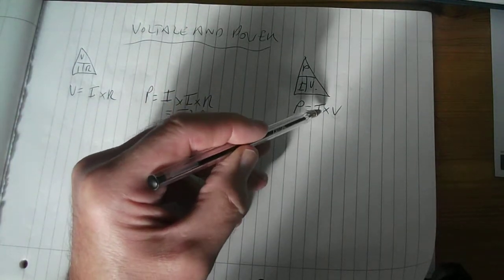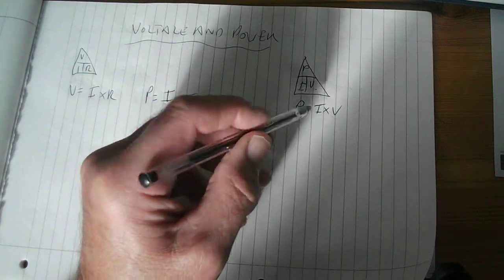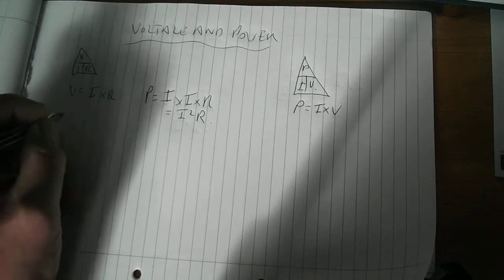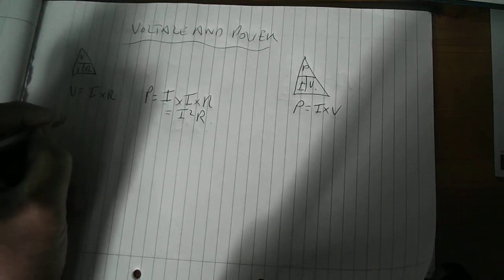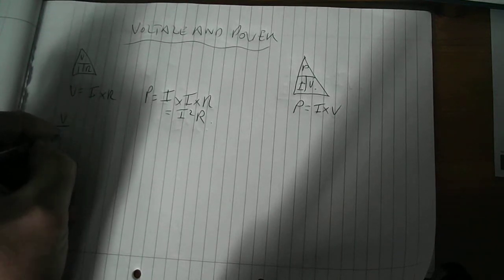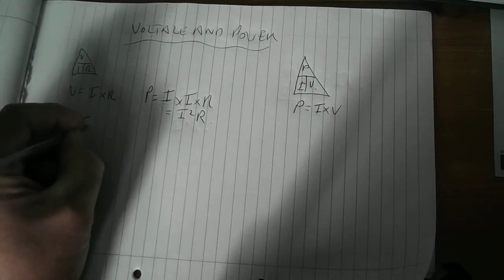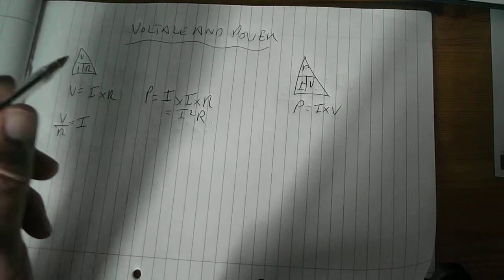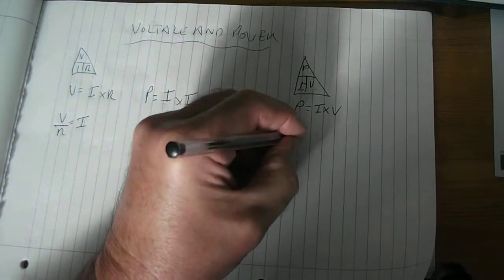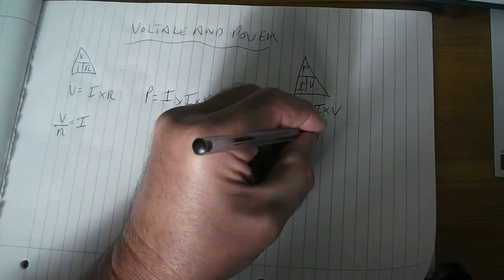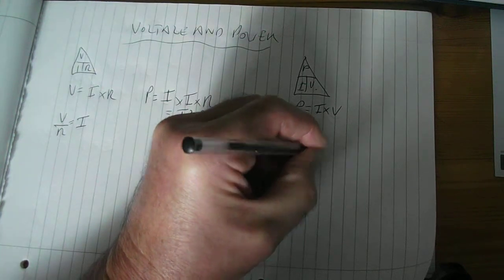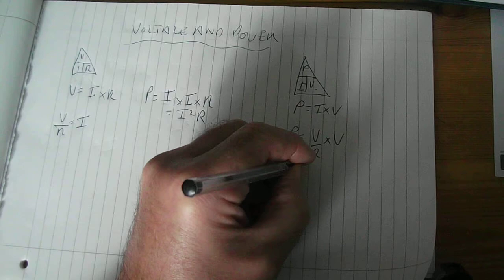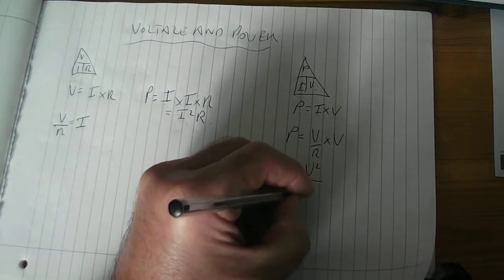But now if I look at substituting the I bit here, well, we know from V equals IR that V over R equals I. And if I substitute this I here for V over R, I get power equals V over R times V, and that becomes V squared over R.